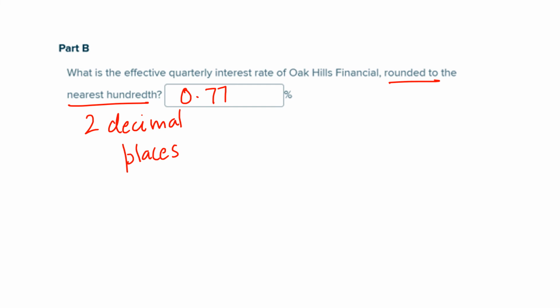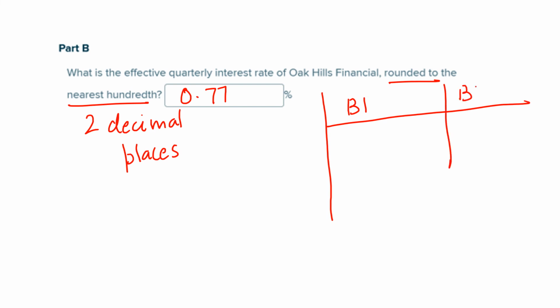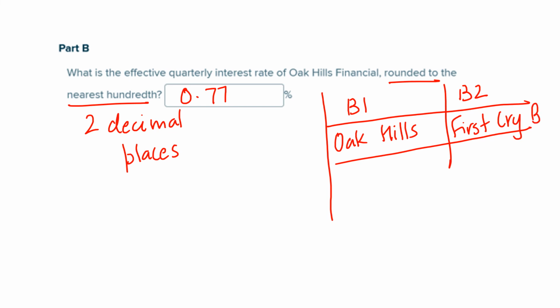So if you now compare the chart which I had drawn before, I'm going to just quickly draw it here. So B1 first bank, B2 second bank. So here we are referring to Oak Hills, and here we are referring to First Cry. So these are the two banks we are comparing, and when we did an annual comparison, Oak Hills was 3.1%. This is given in the question.